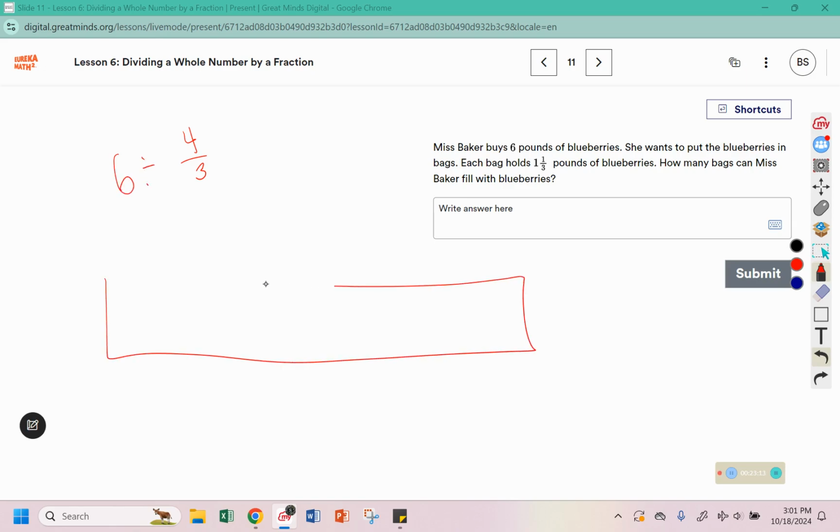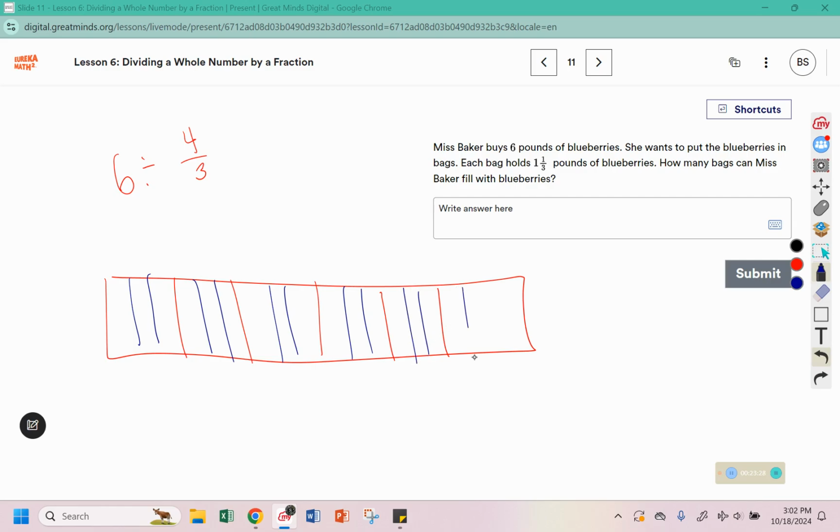Again, if we draw a tape diagram with 6, we need to split it into 3 pieces in each of those sections. And we're going to shade in 4 pieces at a time.